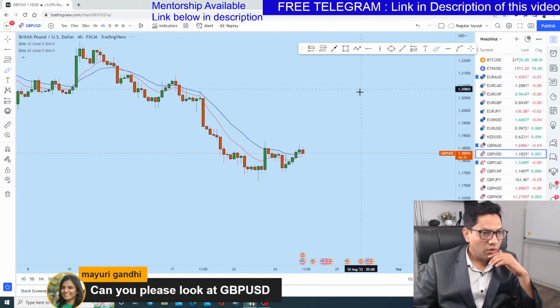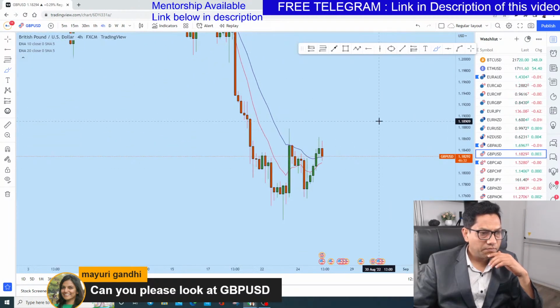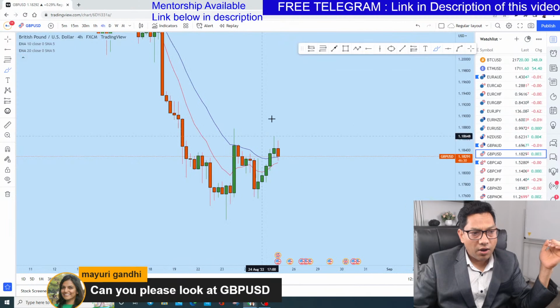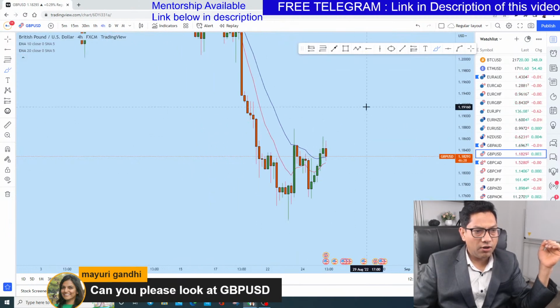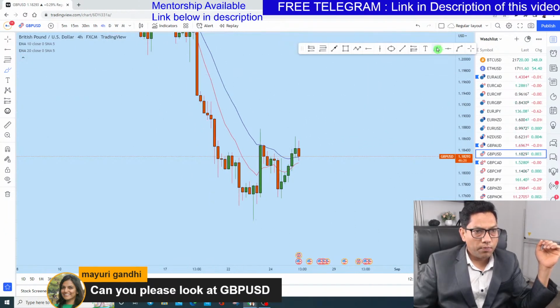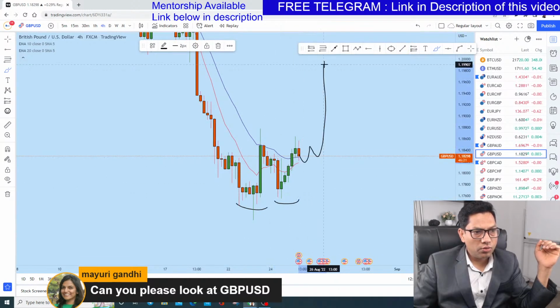Now looking at the 4 hour, this is GBPUSD. It depends on how it plays out next. There is one probability, you see the price was creating a higher low, to break to the upside.